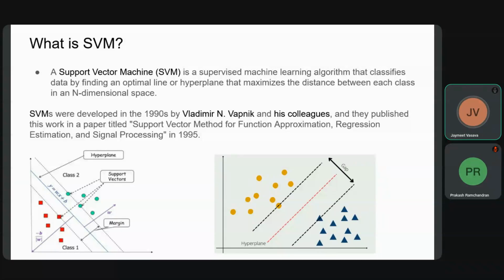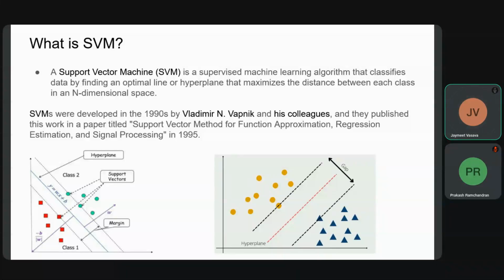The margin lines pass through the closest data points to the hyperplane, and based on that, the hyperplane separates the data points into two classes.